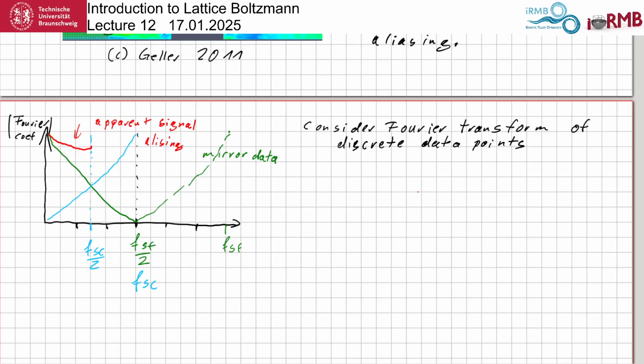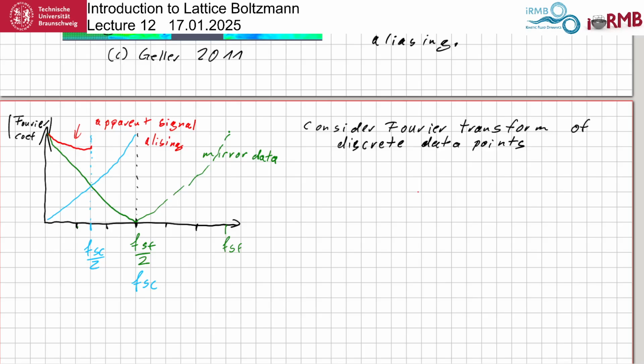So you could only do this if your signal would be well represented even on the coarse grid. Which is difficult to handle with turbulent flow, as you can imagine.